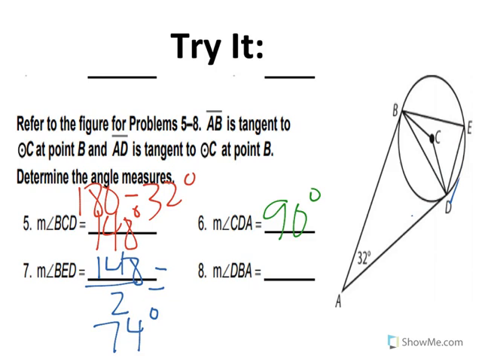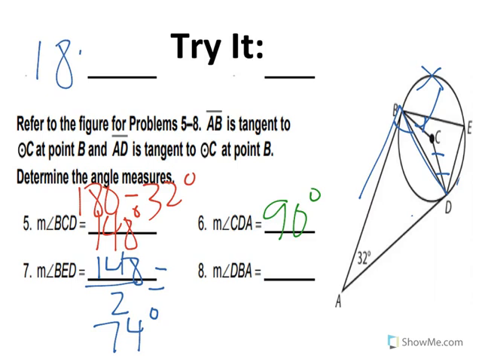Okay, number 8, we're looking for DBA. DBA is this angle here. In order to solve for that, we need to solve for this smaller angle first. Let's call that x. Similar to the previous example, these two are radii, so these two angles are congruent.